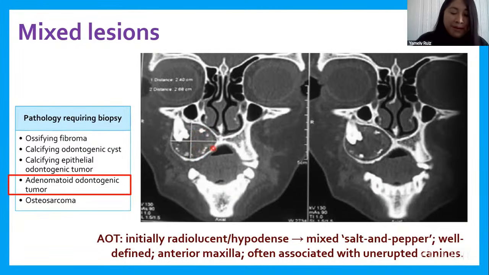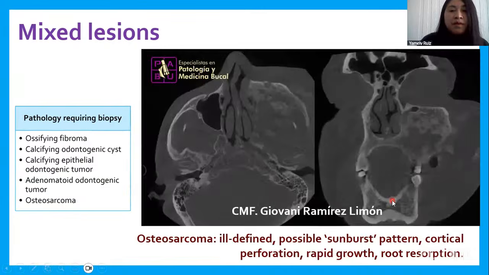That's the salt and pepper pattern. This entity has a well-defined border, and the localization is most of the time in the maxilla, in the anterior part, and often associated with unerupted teeth, and sometimes the tooth associated is the canine.